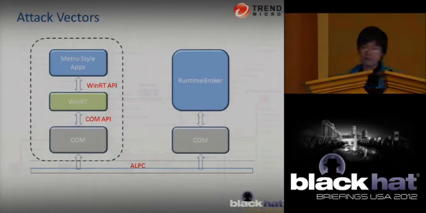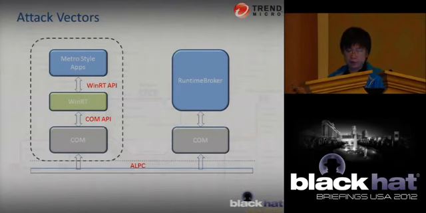There are three places that we can leverage to attack the runtime broker. We can intercept ALPC communication and send fake or corrupt data here. And also we can attack the COM server, leveraging COM API communication to send the attacking data here.